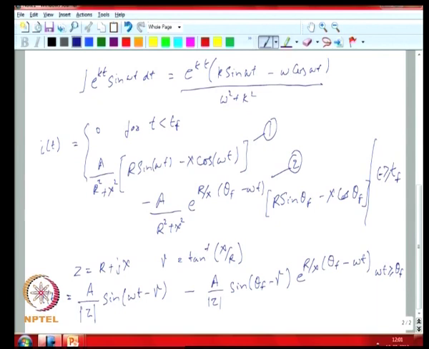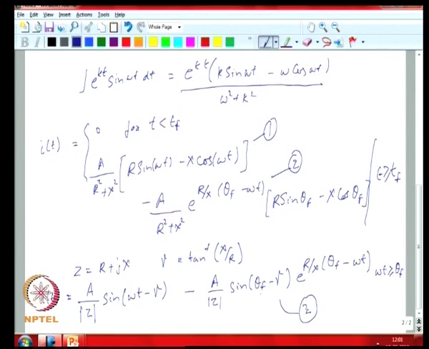Okay. If you look at this particular expression, you can see that in the second term you have a component sine of theta f minus gamma. Depending on how theta f is related to gamma, you can have different types of exponents.